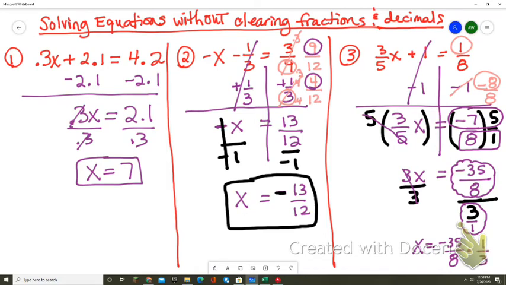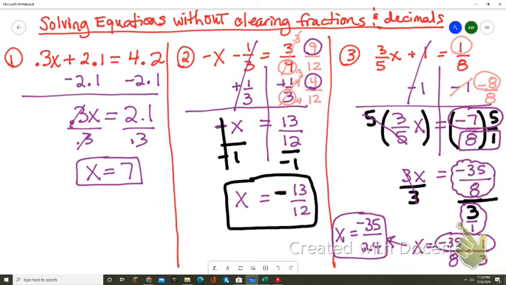Because remember, when you are dividing a fraction by anything, to simplify that, you multiply by the reciprocal. So then our final answer becomes multiply the top, multiply the bottom, so negative 35 over 24. So again, if you need to rewatch this video to review your fraction rules, then make sure you do that.